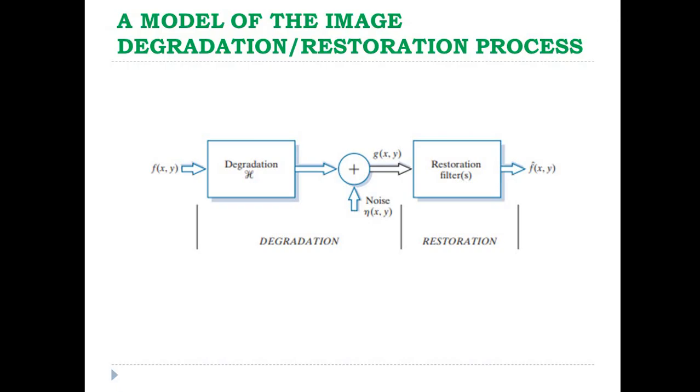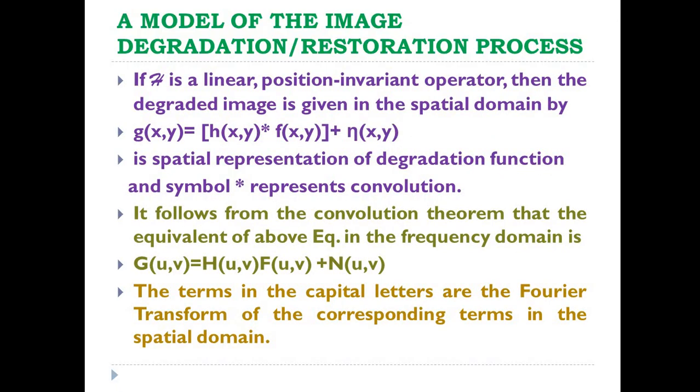So the degraded image will be f of x comma y convolution h of x comma y. It gets added with the noise n of x comma y, that is equal to your g of x comma y. You see, g of x comma y is equal to f of x comma y convolution h of x comma y plus n of x comma y. So this is the spatial representation of degradation function if h is the linear position invariant operator. So representation in spatial domain we completed.